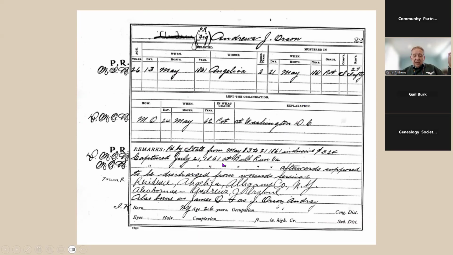Some further information about Bull Run, supposed to be discharged from wounds, what his residence was, and at the time period, also born as, usually spelled borne. It's the same as saying what today we would say also known as. So on the records with some slightly different information.